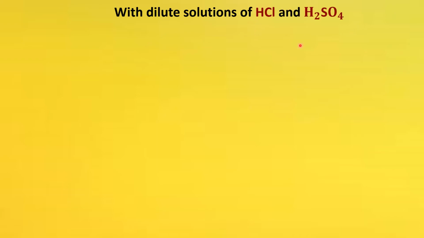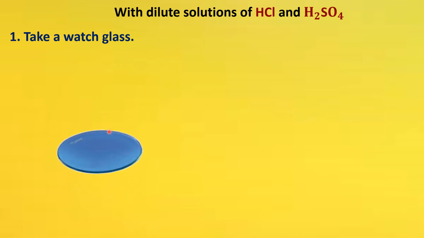Now we'll start the activity. So first I'm taking HCl dilute solution and then H2SO4. First we have to take a watch glass, one for the hydrochloric acid solution and the other for the sulfuric acid solution.